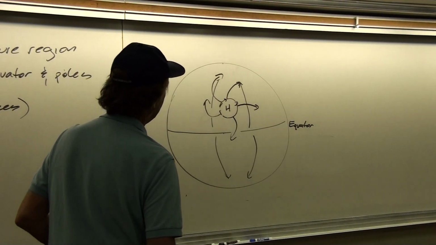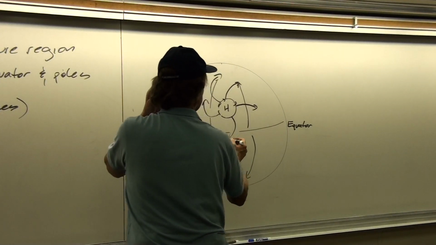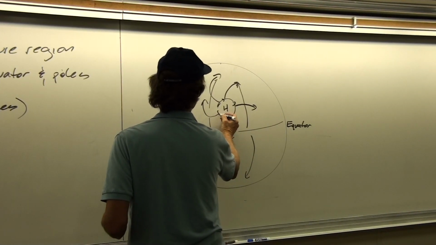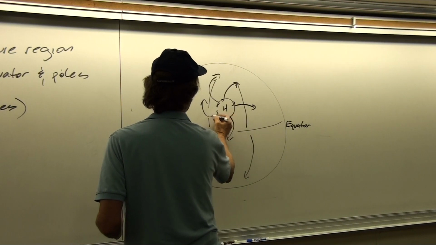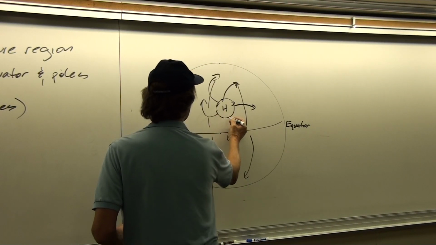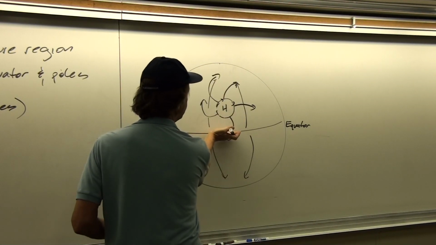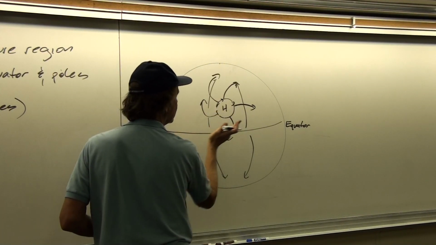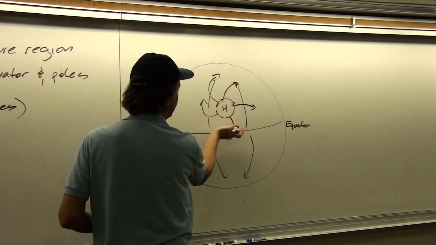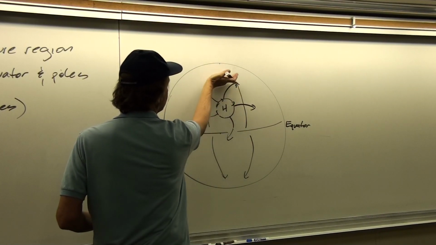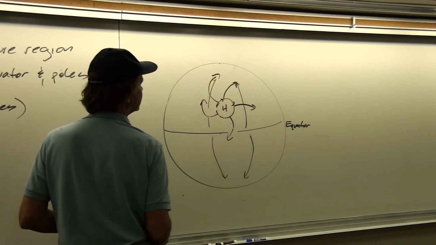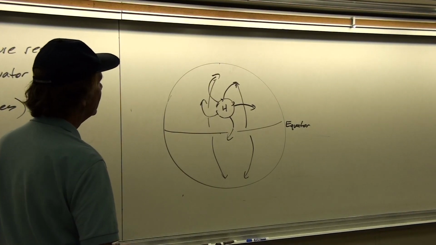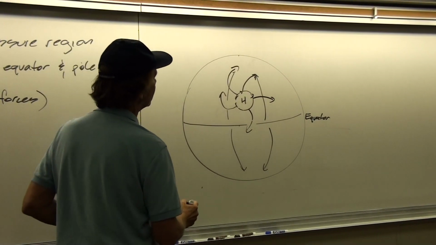Well, air that is coming out this way, as it rises up, the air is moving faster at the equator to go all the way around the Earth in one day. So as it gets closer and closer to the poles, it's running into air that is going slower.